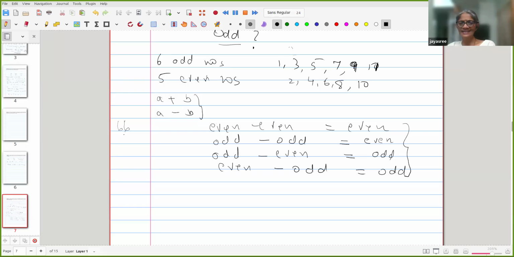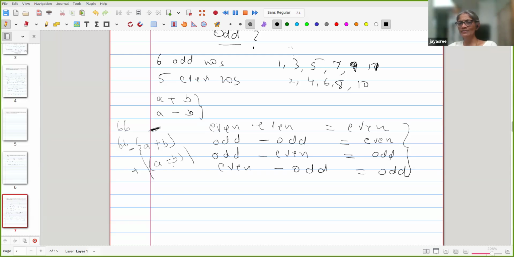So at each step, the sum here is 66. I choose two numbers A and B, and from 66, I will remove A plus B and add A minus B, or whichever, I will add the positive value of A minus B. This is what we are doing to the sum. Now what happens to that?